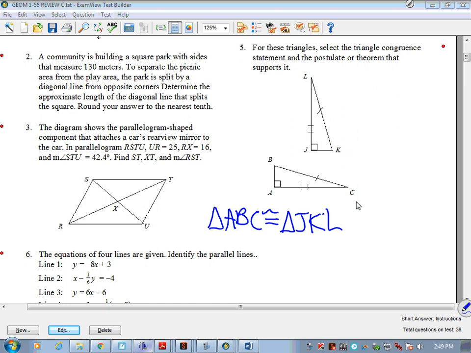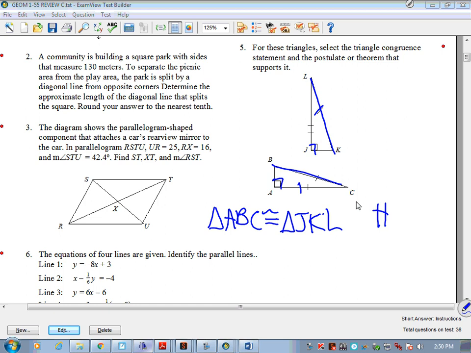Now, because it is a right triangle, right triangles have their own congruency postulates. You'll find them in lesson 36, right triangle congruence theorems. And so here what I'm saying is that BC is a hypotenuse, opposite the right angle. KL is a hypotenuse opposite the right angle.